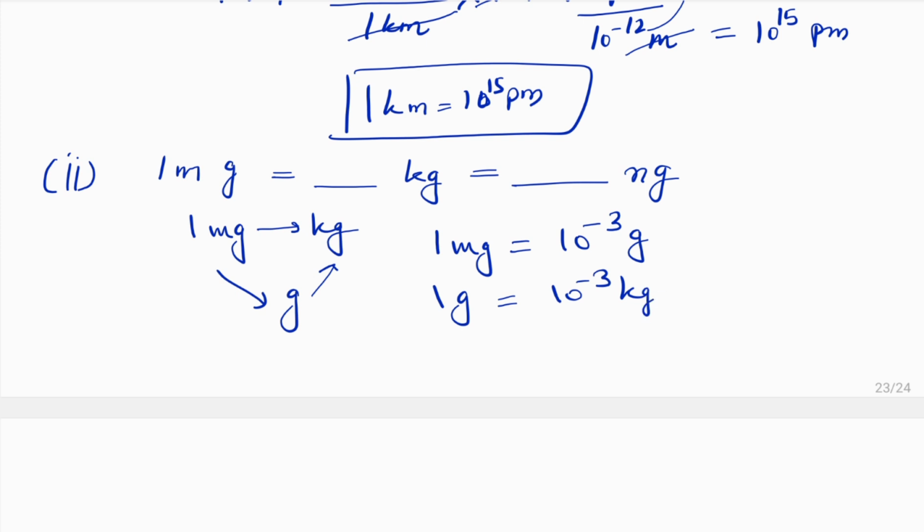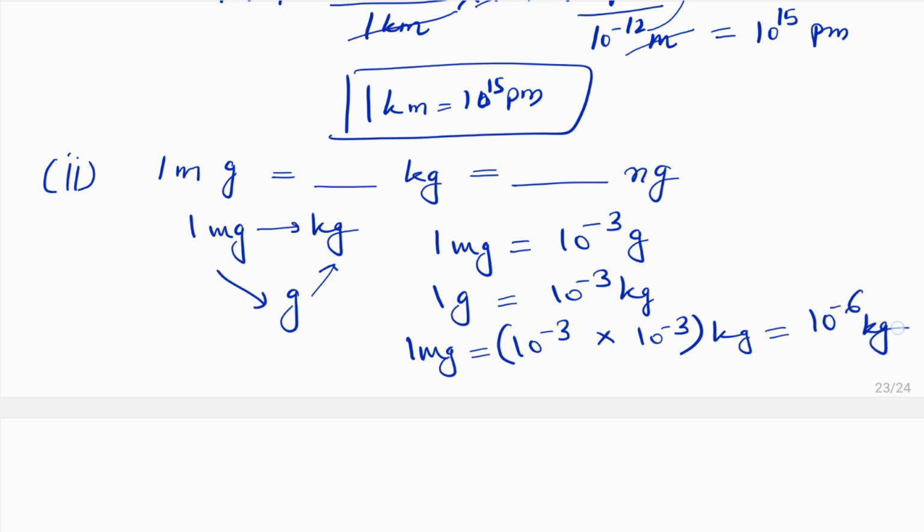Fine. So if we take these values, it comes out to be 1 milligram is equal to 10 raised to power negative 3 multiplied by 10 raised to power negative 3, which is in kilograms. That comes out to be 10 raised to power negative 6 kilogram. So this is how you are going to convert it.